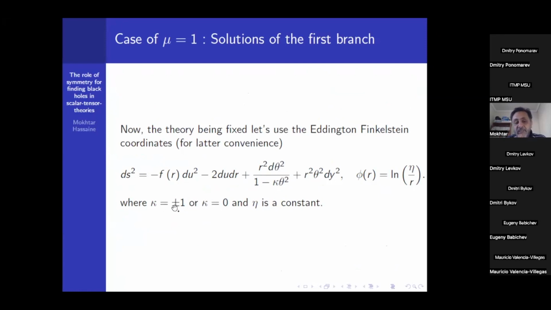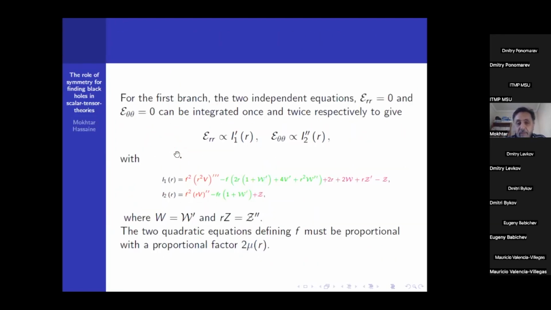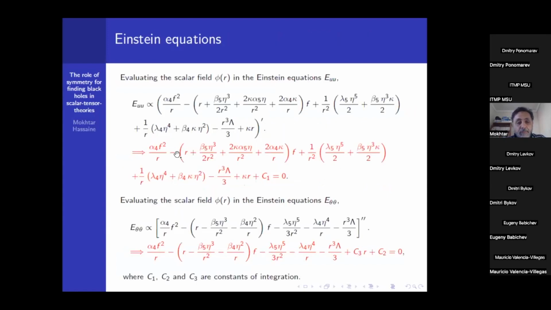It can be 1 if it's a sphere, -1 if it's a hyperboloid, and 0 if it's a plane. Okay, it's the more general base manifold of constant curvature that you can consider in 2 dimensions by the Gauss theorem. And I take phi to be a log of eta over r because it's the solution of this branch. Okay, and eta a priori is a constant.